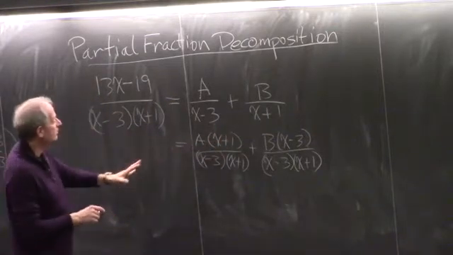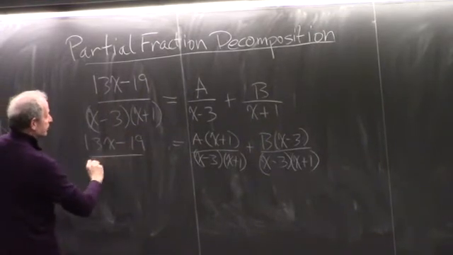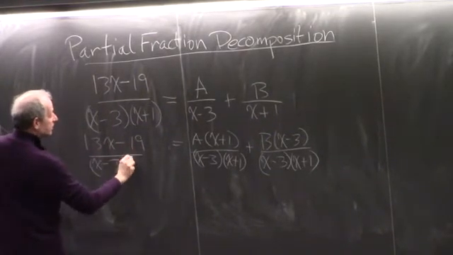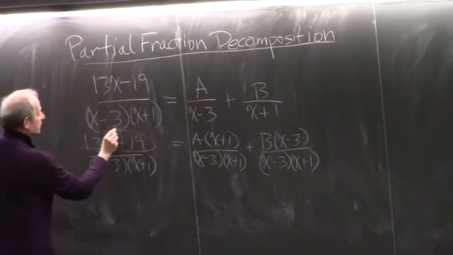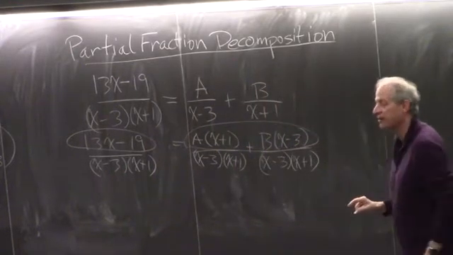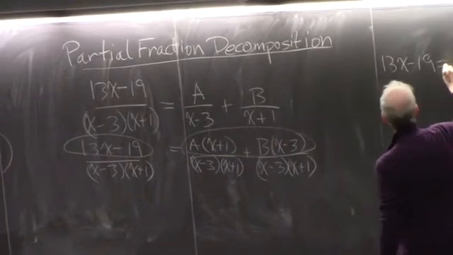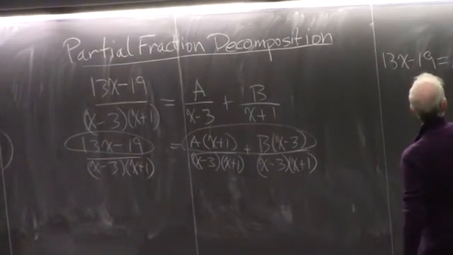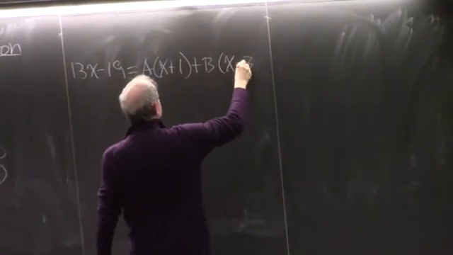So that means that this is equal to 13x minus 19 over x minus 3, x plus 1. So this must be the same as that, because of the common denominator. In other words, 13x minus 19 has to equal a times x plus 1 plus b times x minus 3.